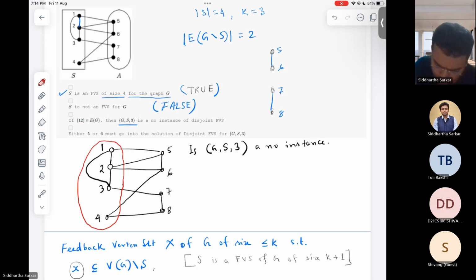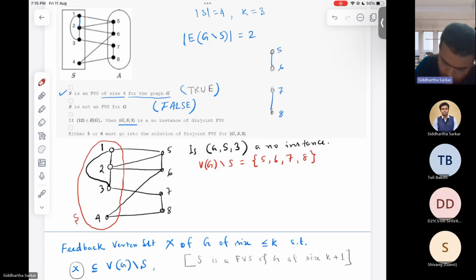Now you are supposed to find an X, so concentrate on this definition of X. X is a subset of the vertex set minus S. So X has to be picked from this set, the overall set of vertices minus S. You remove S. So what is V minus S? The rest of the vertices.